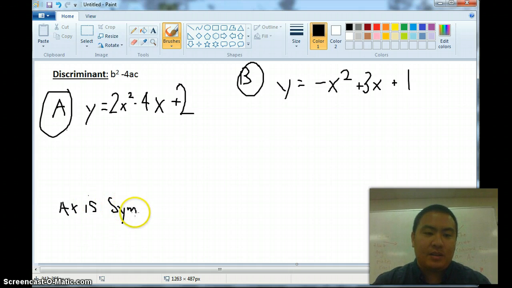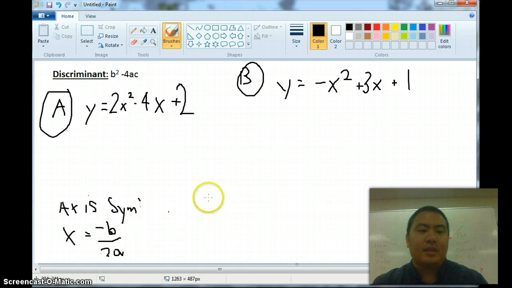That means x is equal to minus b over 2a. That is an ugly looking b. Okay, so you need to also do that. So find the discriminant and also find the axis of symmetry.